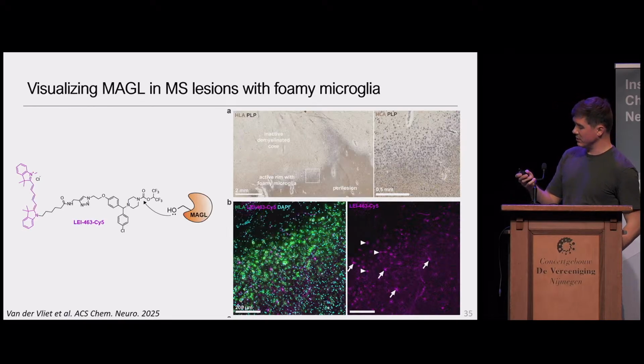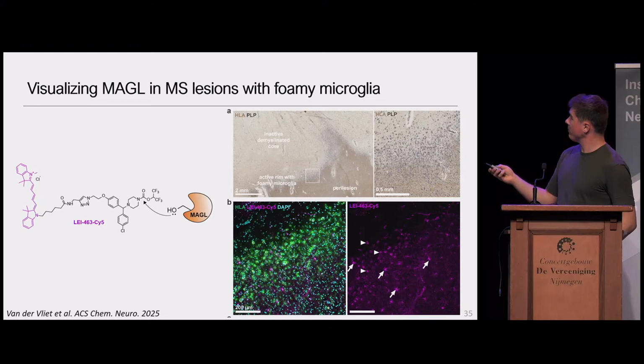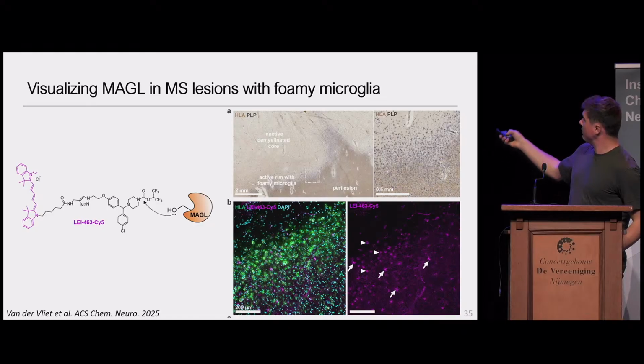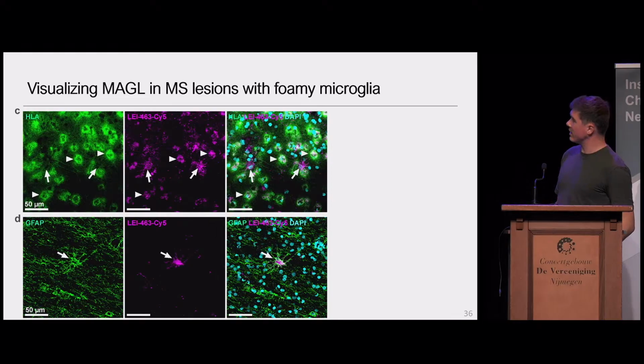We also developed a probe that directly visualizes active MAG lipase in tissues, and we can use that to directly show where MAG lipase is active in postmortem tissue. So we see that in this rim of a mixed lesion, there is a lot of MAG lipase activity, specifically localizing to foamy microglia, but also to some reactive astrocyte sites that are found in and around these lesions.